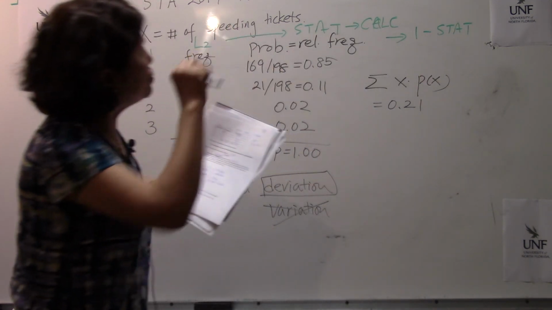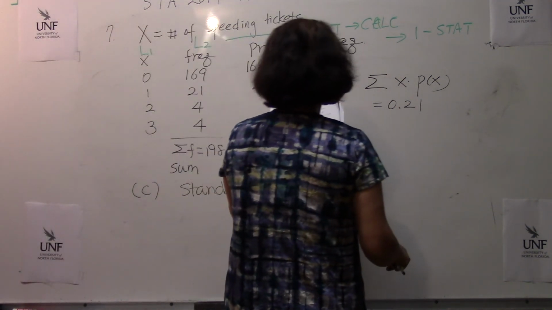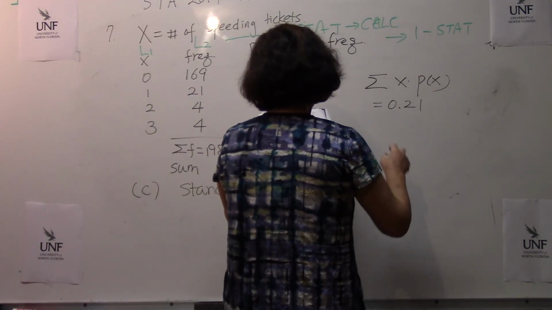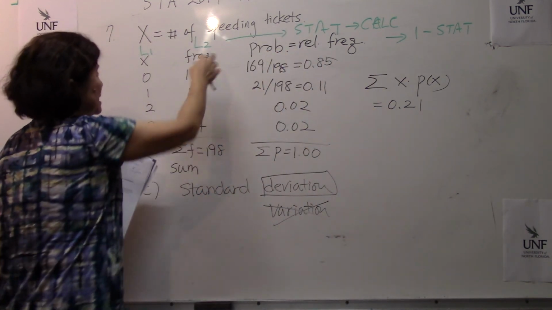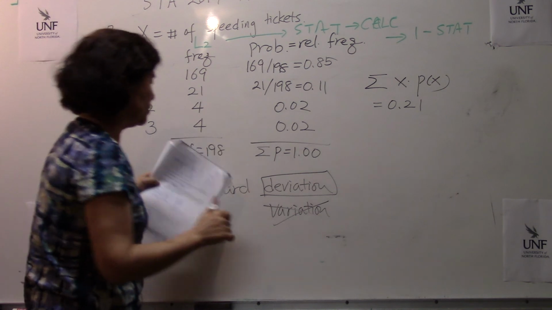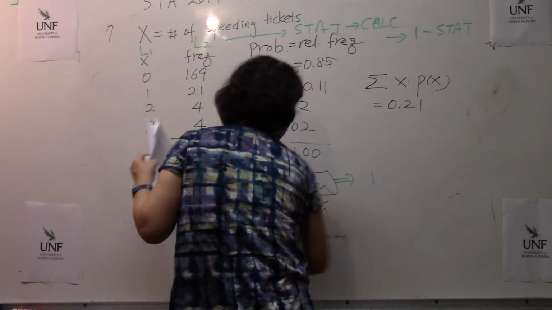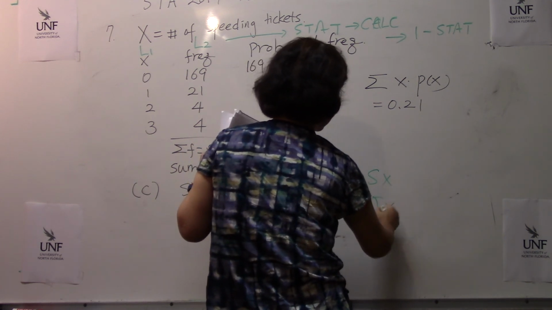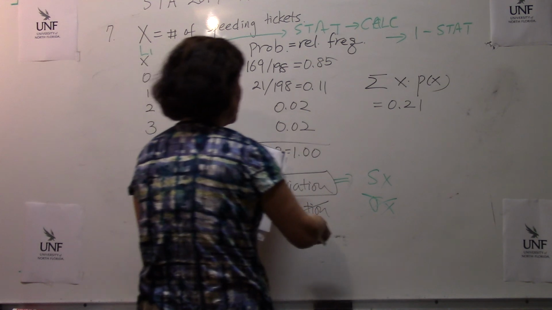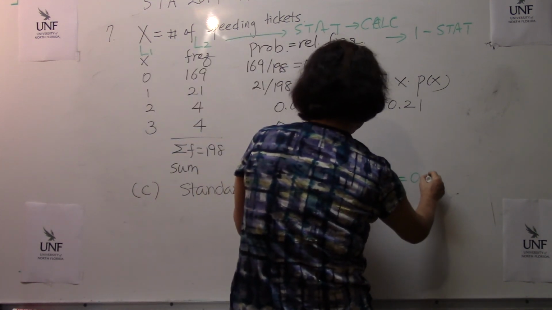We use 2-variable for regression analysis only. So one-variable. When you do that, this one is the standard deviation of this sample, not the population. So we are going to look for Sx, not this one, because you are looking at the sample. So what do you have? That one is going to be 0.57.